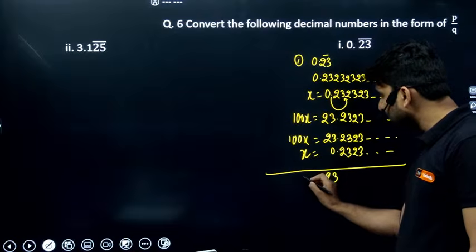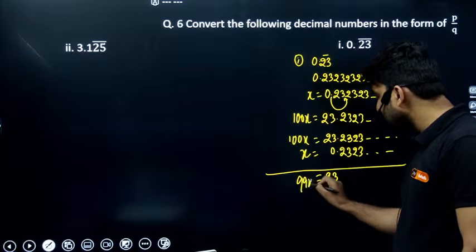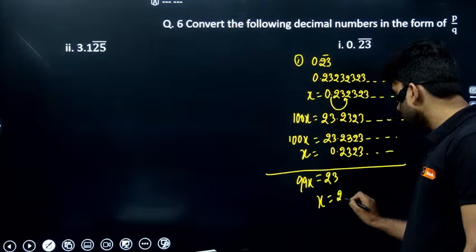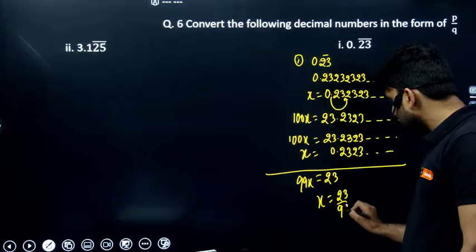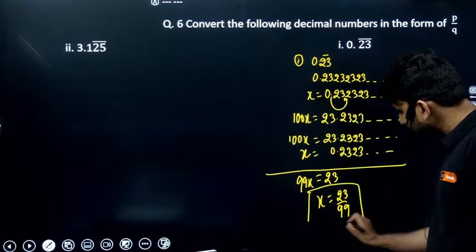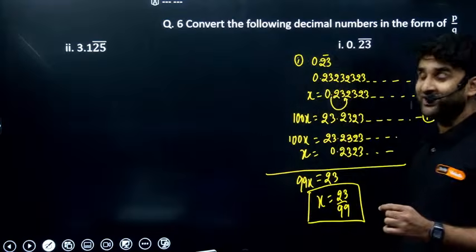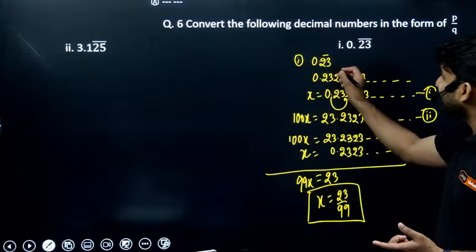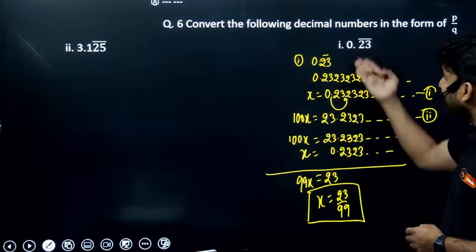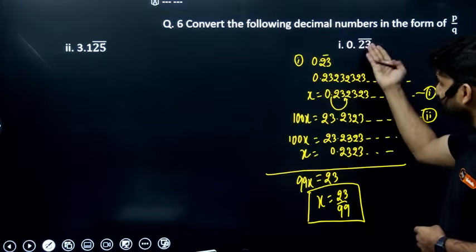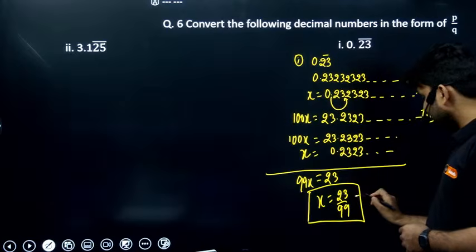And 100x minus x will be 99x. Clear? So x will be equal to 23 divided by 99. This is the answer. And what was x? x was equal to 0.23 bar. Hence we have converted 0.23 bar into P by Q form.